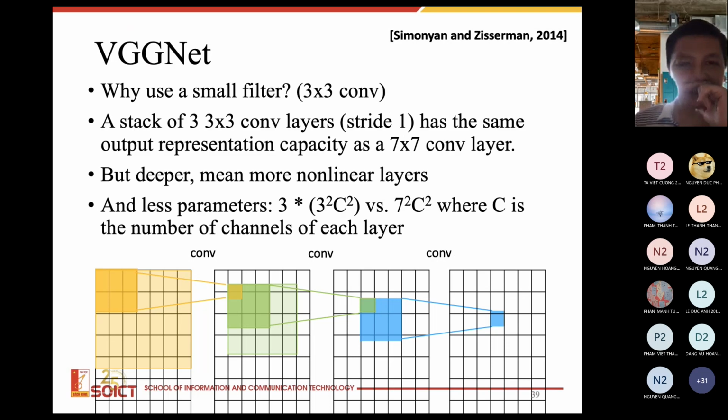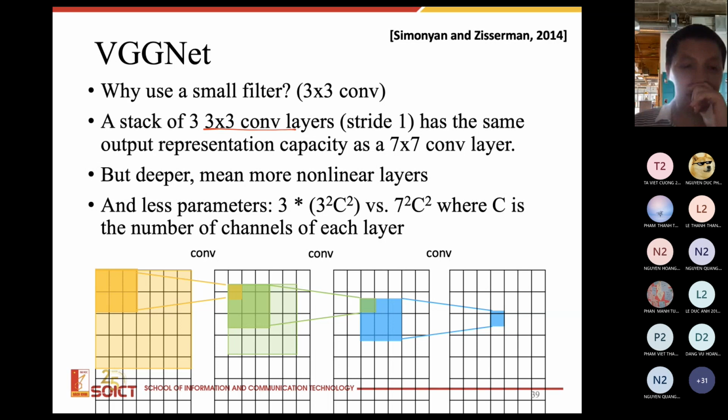Okay, so the idea about using a small filter, here's an example, right? A stack of 3 by 3 convolution layers with stride 1 has the same output representation capacity as a 7 by 7 convolution layer, because the output size is the same, right? You have the input and then a 7 by 7 convolution layer, you get the output. Or you have the input and then 3 small filters like this, and the output still has the same size, right?